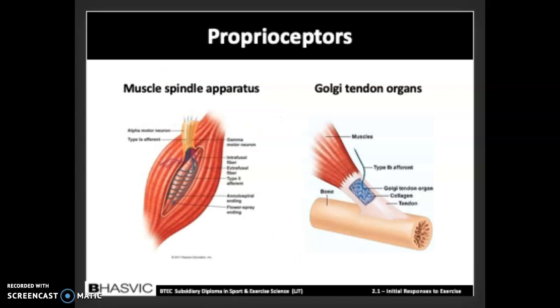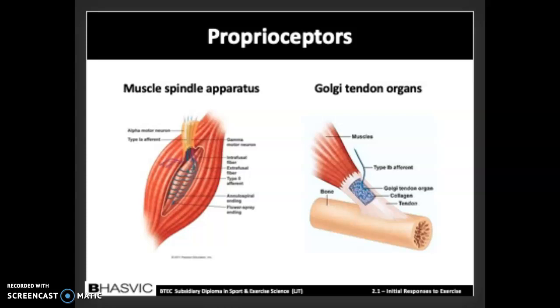Proprioceptors. Muscle spindle apparatus. It is a sensory receptor located inside muscle and is wrapped in neuron axons which detect stretch of fibers. Receptors help to relay information about kinesthesis sent to the brain, about positioning of the body parts to gravity.